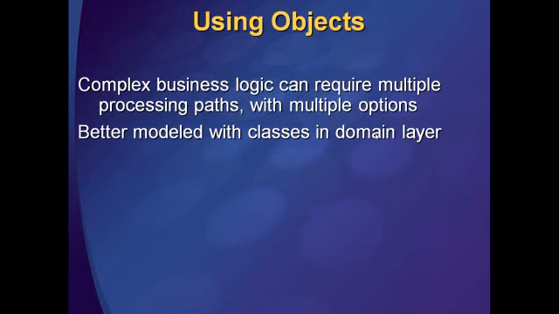Suppose, for example, adding a customer required finding out what kind of customer it was, and that depended on their credit rating, the types of products they were interested in buying, their geographic area, characteristics such as the size, and what kind of customers they had. Other actions might want to share the same functional units. So using a rich set of objects becomes much more attractive than procedural logic.